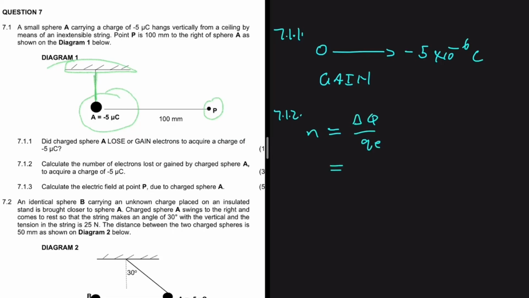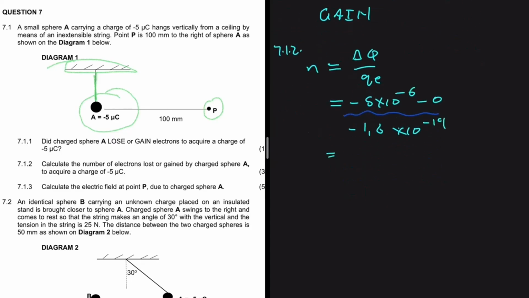So this change is the final charge of the sphere, which is minus 5 times 10 to the minus 6, and initially our charge was neutral, so we have minus 0 here. Then we divide all of this by the charge of an electron, which is minus 1.6 times 10 to the minus 19. The answer we get is 3.125 times 10 to the 13 electrons.